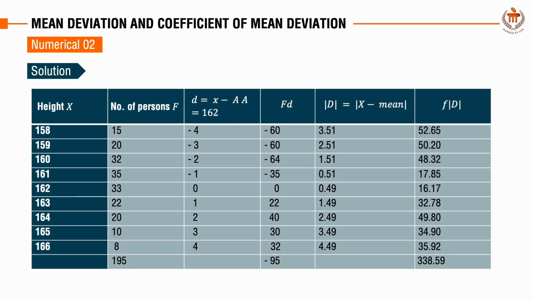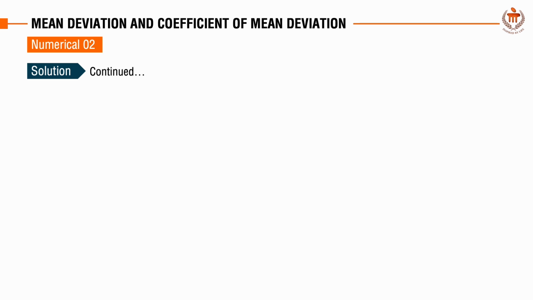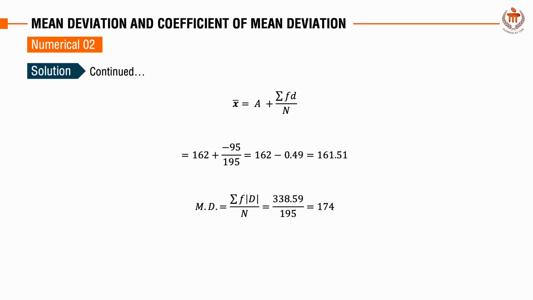I multiply the modulus of d with the frequency, and then the total sum of f into modulus of d that we calculated is 338.59. When we apply this in the formula, the total sum of f into modulus of d is 338.59, and dividing by the total sum of frequency, 195, we got the mean deviation as 1.74.